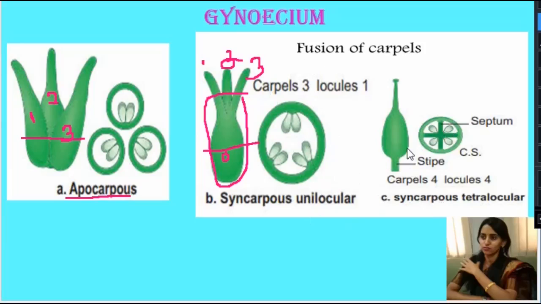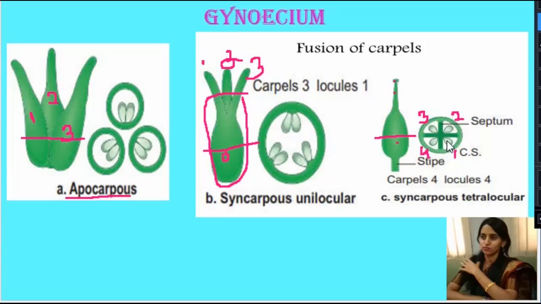Here is another case. Here ovary, style and stigma are fused. When you take a transverse section of this ovary, you can find there are 4 locules. 1, 2, 3 and 4. So there are 4 locules.